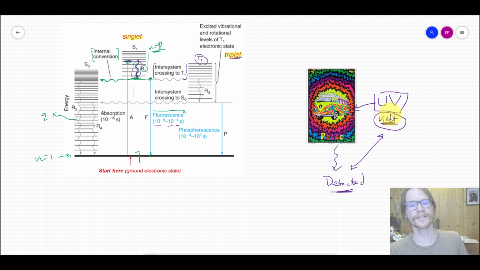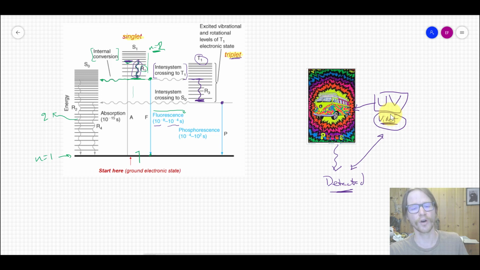And what it does then, if it ends up here through this intersystem crossing, is relax itself through all of the vibrational levels until there are no more vibrational levels to relax through, and now you have this big void here between the bottom of this set of energy bands and its ground state. So the electron then relaxes back down all the way.